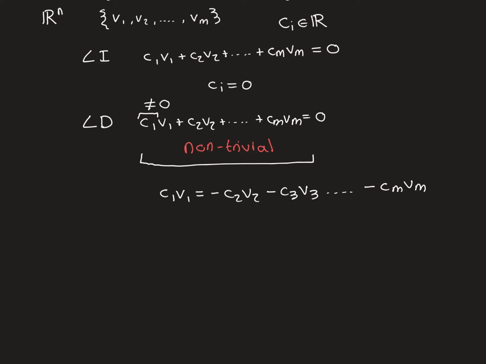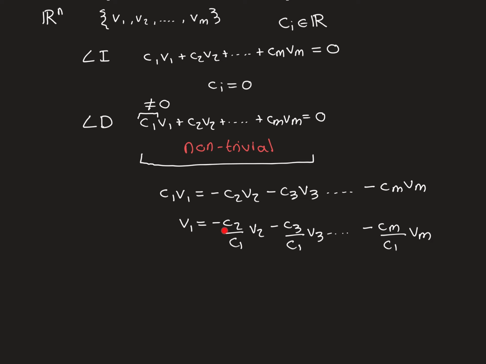And now because c1 is non-zero, and we're talking about the real numbers here, it's a field, so it will have a multiplicative inverse, 1 over c1. So we can divide through by c1, and we'll get that v1 is equal to minus c2 over c1 times v2 minus c3 over c1 v3, all the way down to minus cn over c1 vn.